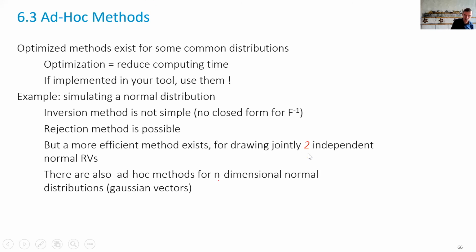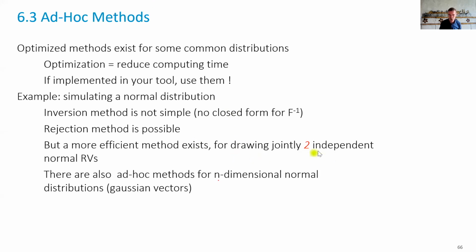The angle is uniform between 0 and 2 pi, and the radius has another distribution that can be computed by applying the formulas for changes of distribution, to which we can apply CDF inversion. So we can compute the radius of this point with CDF inversion, and the angle, it's uniform, so that's easy to compute. So we can obtain 2 points.